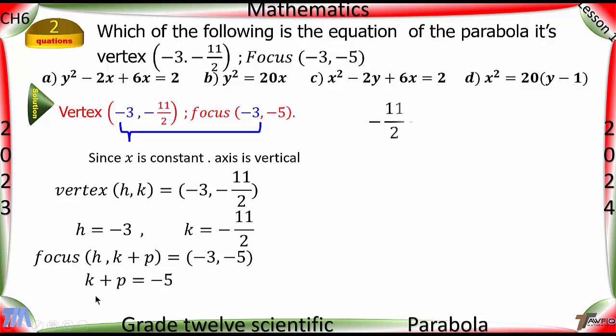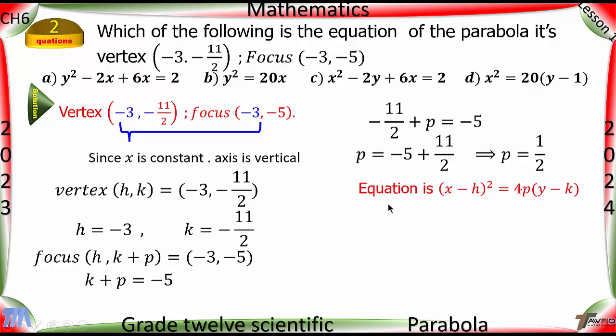So p is equal to minus 5 plus 11 over 2. 2 times minus 5 is minus 10, plus 11, it is 1. So p is 1 over 2.